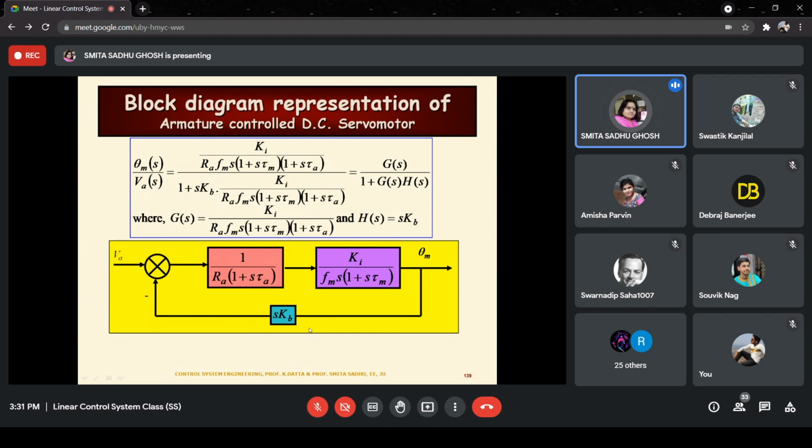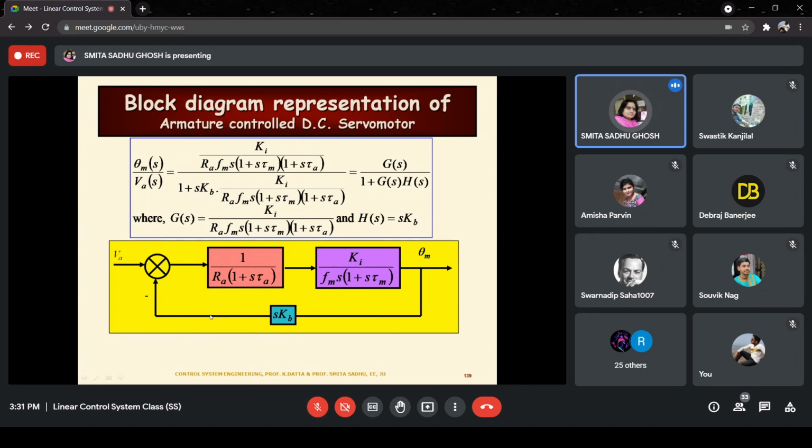Now tell me one thing. We have the feedback path over here, and the feedback path element is given by skb. So what signal is being fed back over here? You see, this is the angular position theta m. From there, the feedback signal is coming via skb and then being fed back to this point. So what is the nature of the signal being fed back?